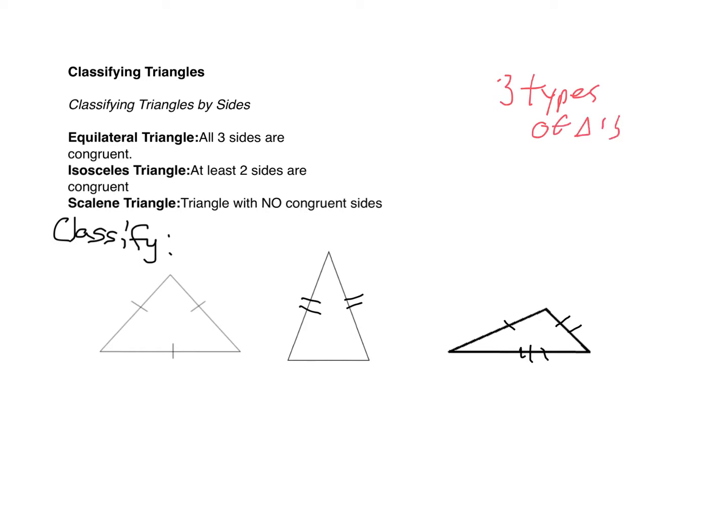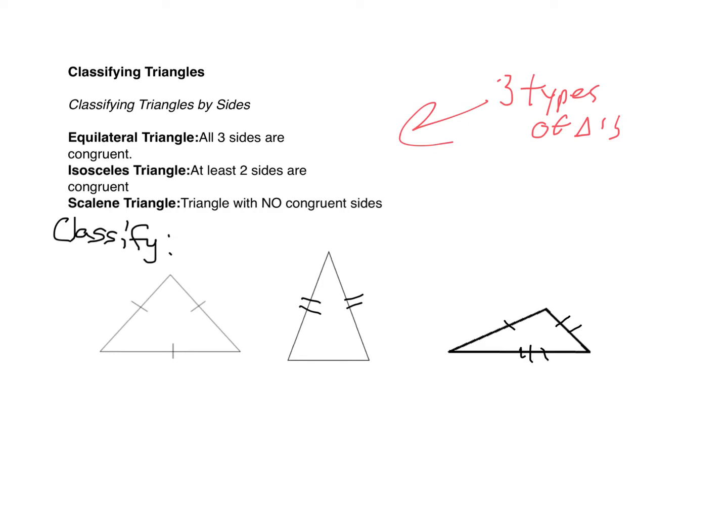Right here there's equilateral, which means all three sides are congruent. Next there's isosceles: at least two sides are congruent, and the keywords are "at least." And then there's a scalene triangle, a triangle with no congruent sides.